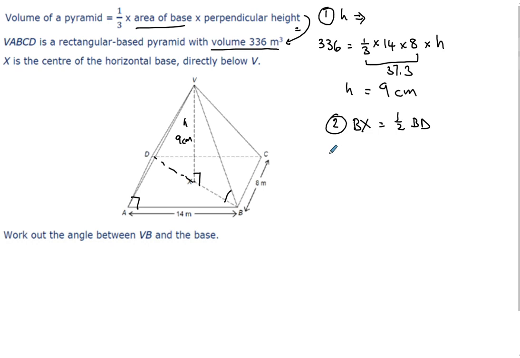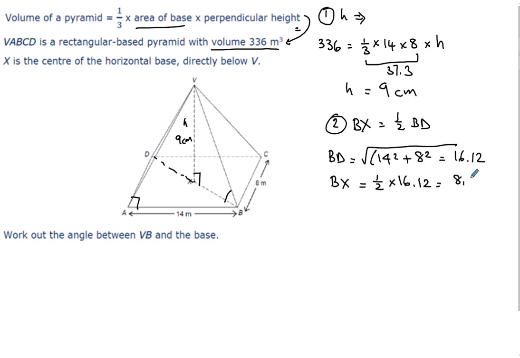Okay, so let's find out what BD is using Pythagoras. So it will be the square root of 14 squared plus 8 squared, and that will be 16.12. So BX is half times 16.12, which will be 8.06 centimeters.